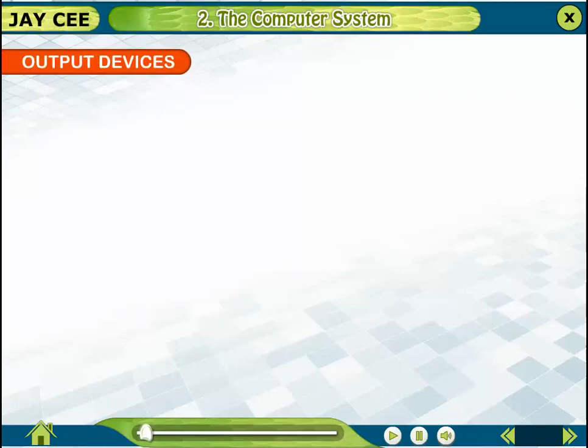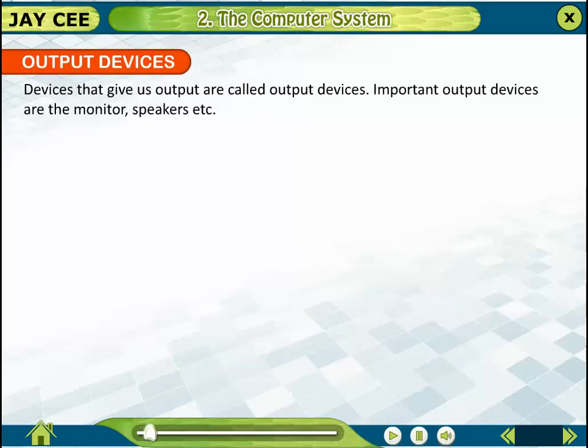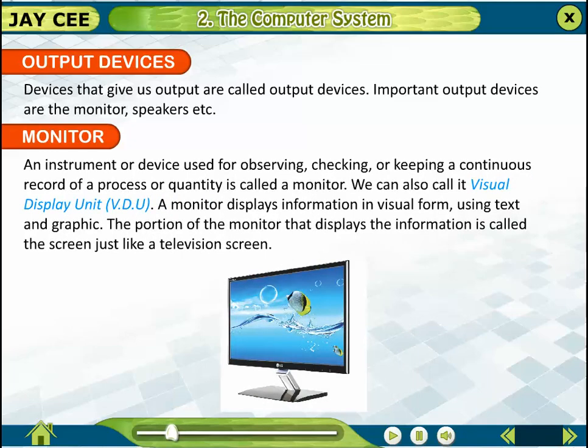Output devices. Devices that give us output are called output devices. Important output devices are the monitor, speakers, etc. Monitor. An instrument or device used for observing, checking, or keeping a continuous record of a process or quantity is called a monitor.